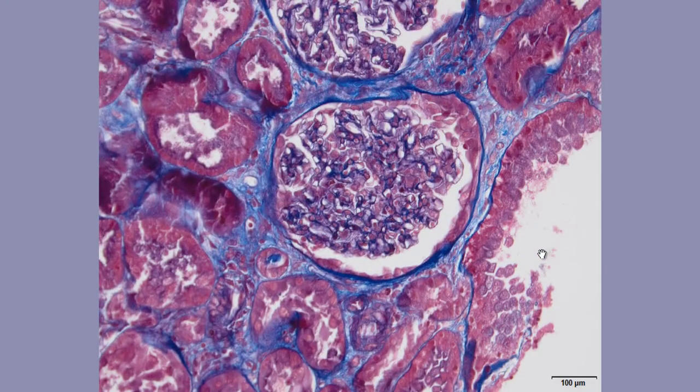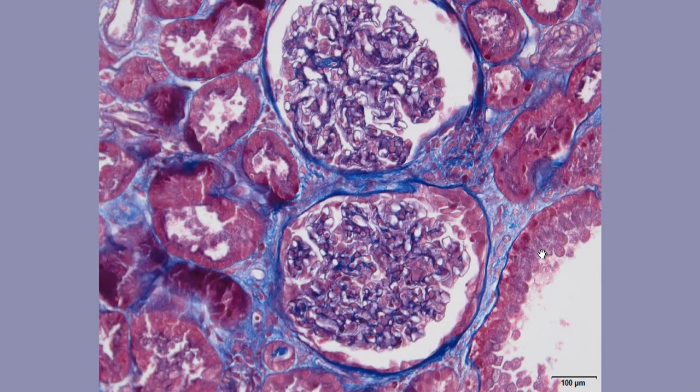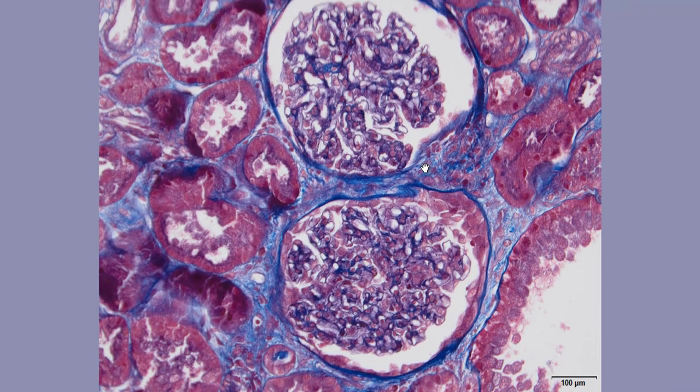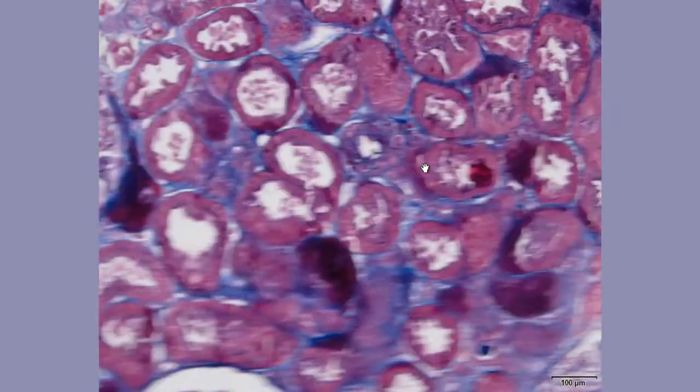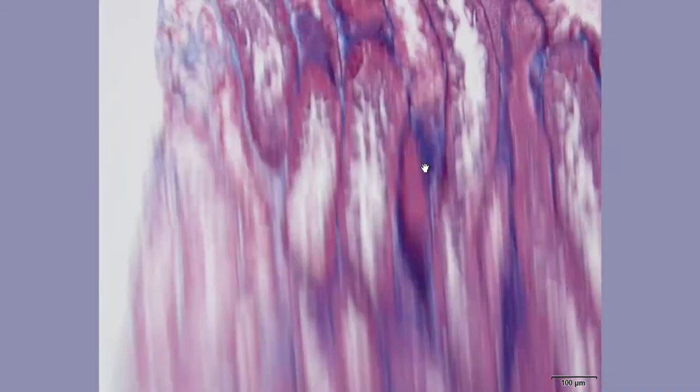Another glomerulus where we can see the parietal epithelial cells. This one is also going to have an area of adhesion. Again, this one, like the segmental area, might have a bit of capillary tuft obliteration in that area. As you can see, there's no considerable inflammation or peritubular capillaritis.